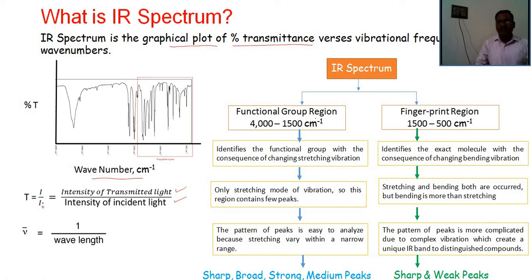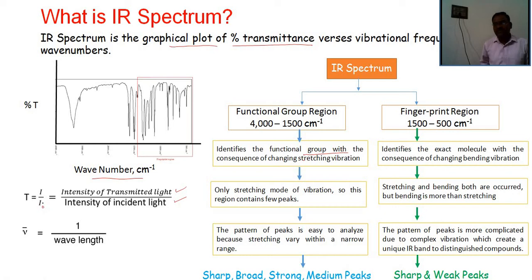In this IR spectrum, the functional group region and fingerprint region are very important. The functional group region appears from 4000 to 1500 per centimeter and identifies the functional groups, like aldehydes, ketones, carboxylic acids, alcohols, phenols, ethers, amines, esters and some others.